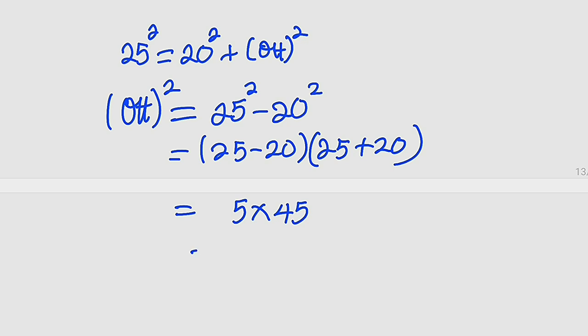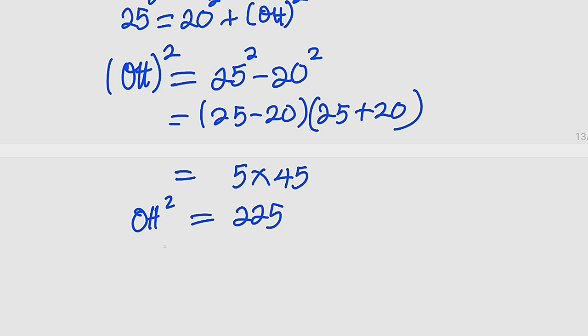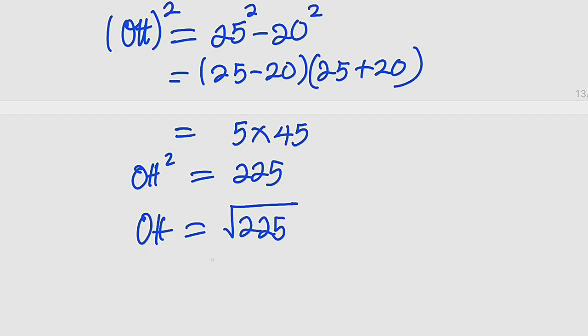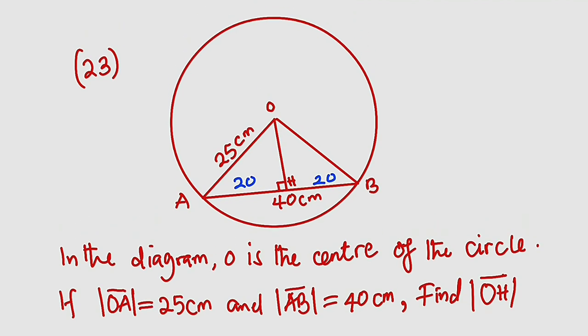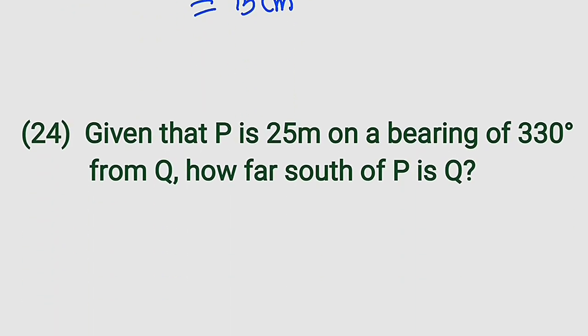And if you multiply this together, you're going to get 225. Remember, this is OH squared. But we are looking for OH, so you can take the square root of both sides. You don't need to add plus or minus because we're talking about length. And the square root of 225 is 15. And hence, 15 cm is the length of OH, this side. This is 23. Let's move on to question number 24.